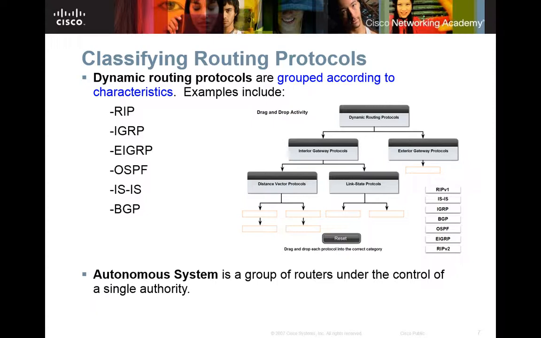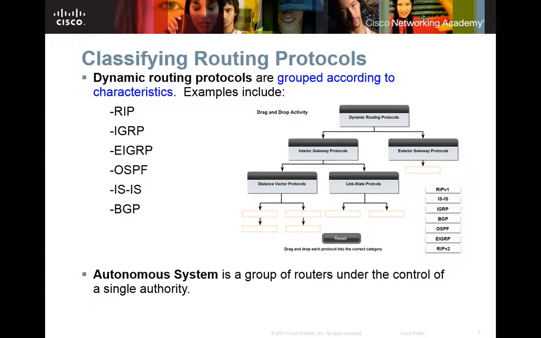RIP. EIGRP. Well, what do you think EIGRP and IGRP are for? What side? Just tell me. I can tell you they're not exterior. Why would they be interior? Enhanced Interior Gateway Protocols.